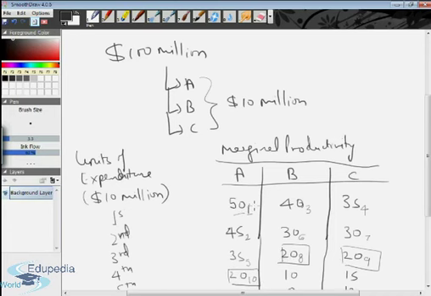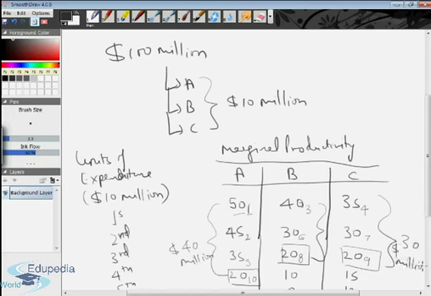Thus a profit maximizing manager will allocate his resources in this particular way. In project A, in order to maximize the profit, a manager has invested $40 million. In project B and C, he has invested $30 million each.